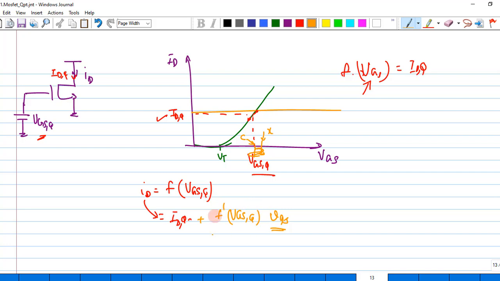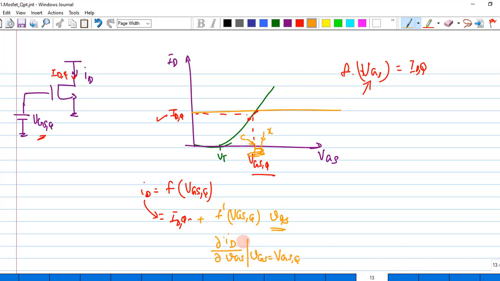So now let us try to figure out this particular term. Now how do I do this differentiation? What I'm actually doing is that f prime of VGS is nothing but the derivative of this quantity with respect to which variable? Yeah, VGS, okay? So this is evaluated only at a spot where VGS is equal to capital VGS.